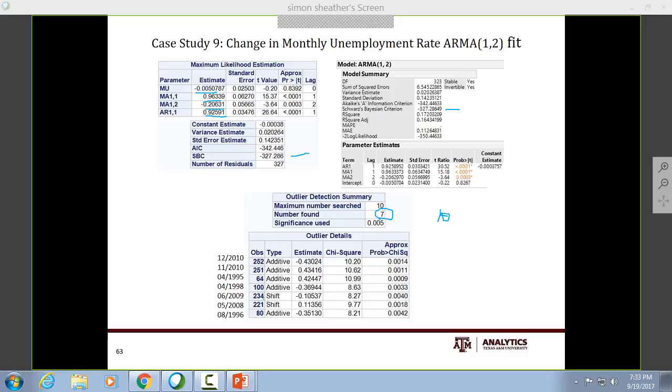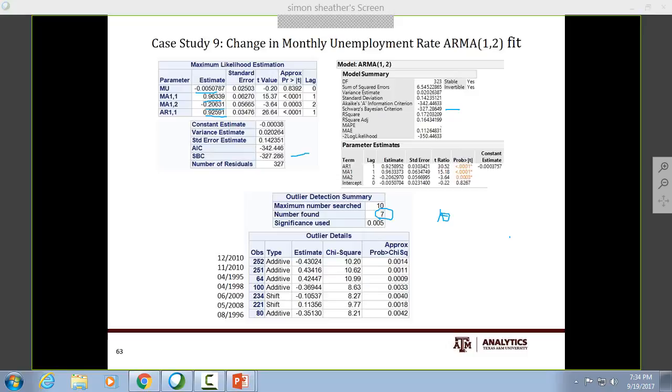It found a shift up in 2008, and this is change in unemployment, and a shift down in 2009, and a bunch of additive outliers. In a sense, economists would be interested in this just for itself about where we identified the outliers.